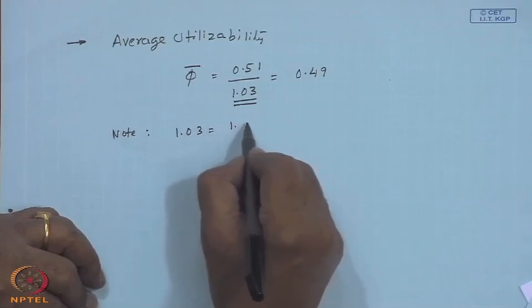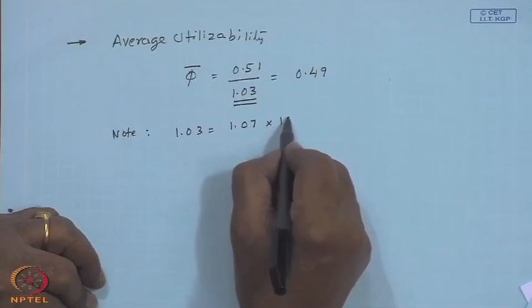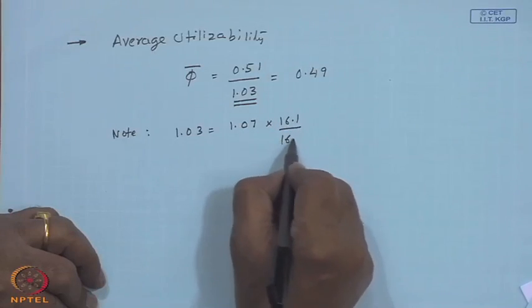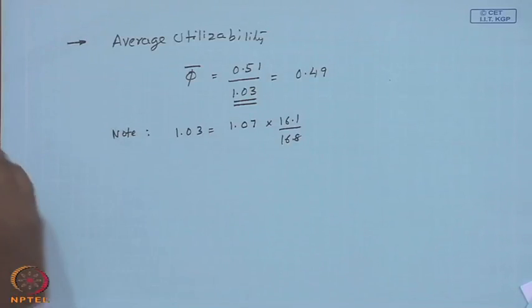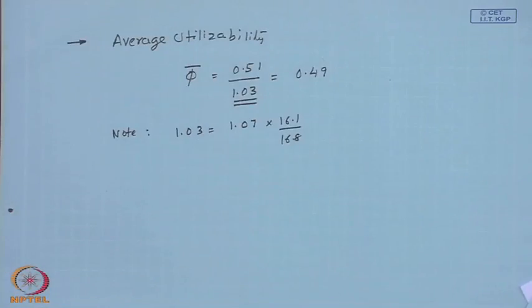1.03 is the original, 1.07 into 16.1 by 16.8, the original Y multiplied by the enhancement or depreciation factor because of the tank loss. Okay.